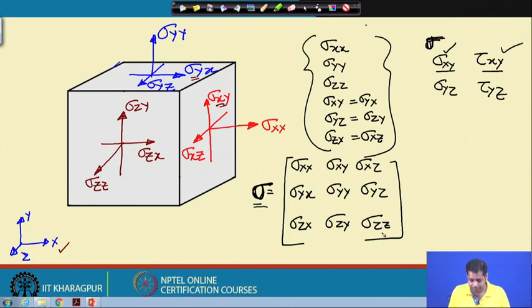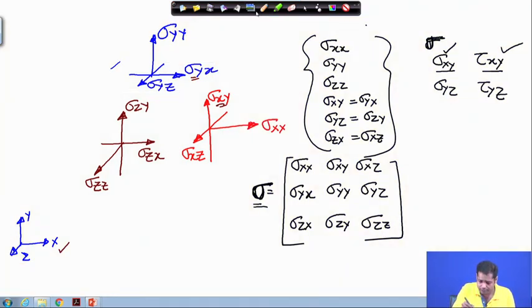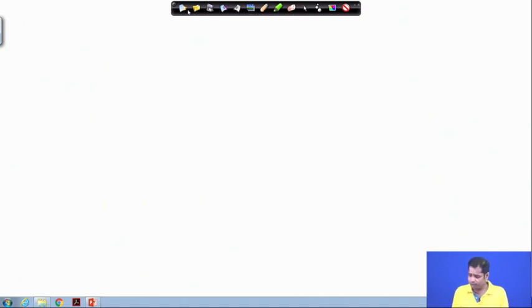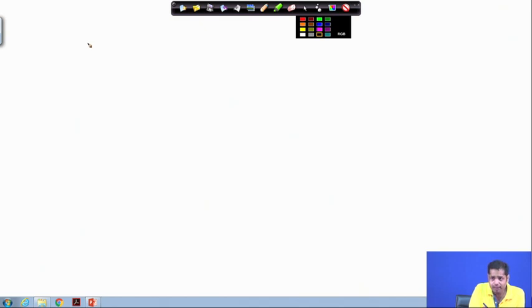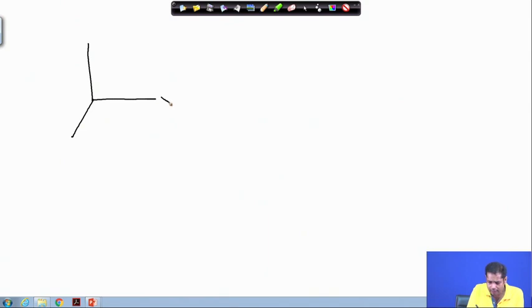But before coming to that, if you recall, if we have a coordinate axis like this, x, y and z, which is written as O, x, y, z, this is the origin O.